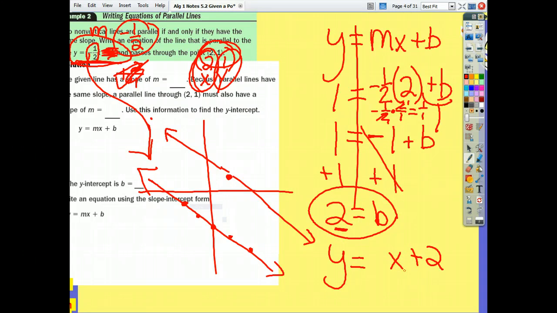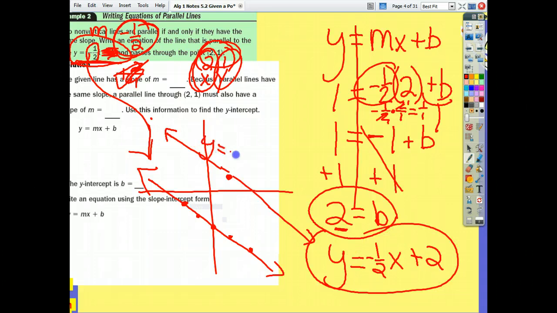We used it up here, so we have -1/2x plus 2. There's my second part of my answer. So that is what this one would be. Y equals -1/2x plus 2. This one was y equals -1/2x minus 3. We crossed it out up here. We didn't need it.